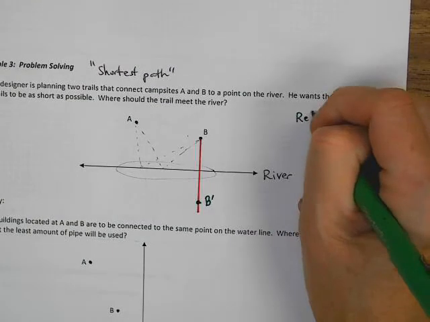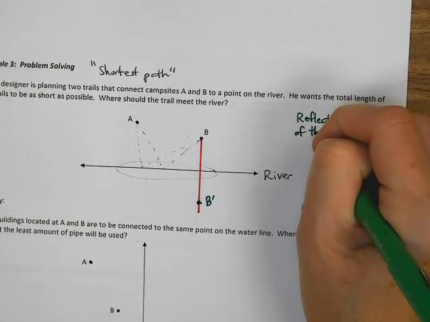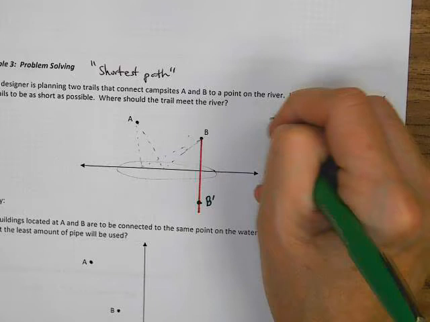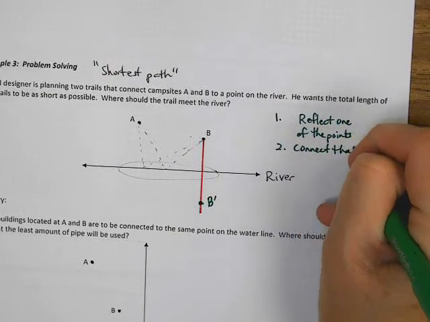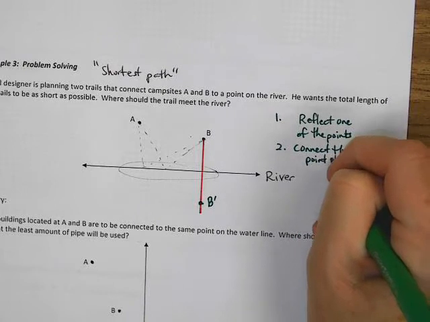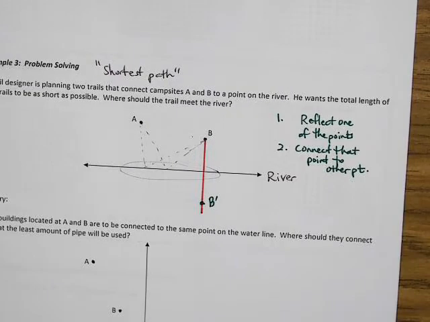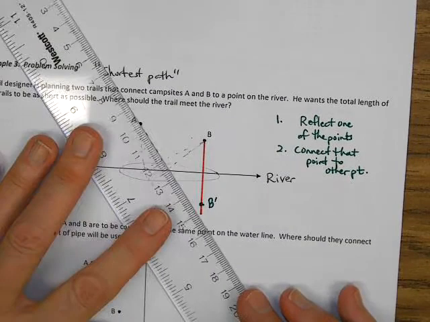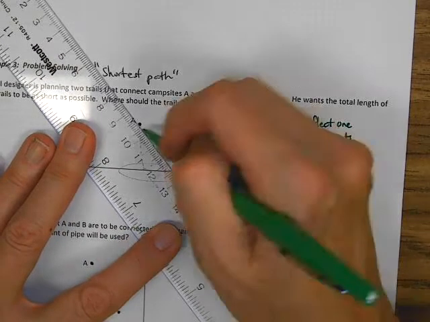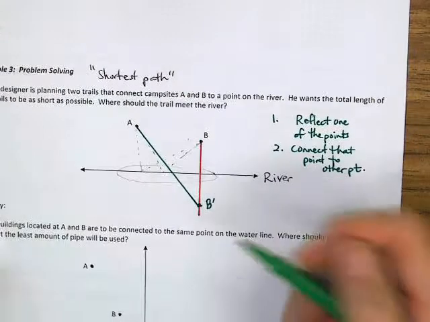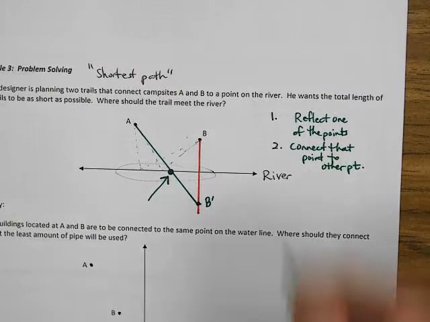So I reflect the point. So I'm going to say reflect one of the points. And then connect that point to the other point. So in our case, that's going to be A. So I'm going to connect B prime to A. And where it crosses the river, right here, that's my shortest path point.